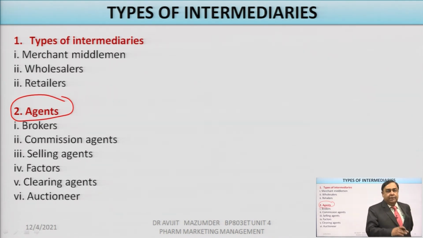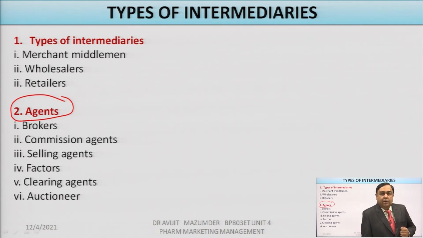Agents again can be divided into a number of subcategories depending on the way they are taking the product, the way they are selling the product. All of you have heard the term broker. I will be explaining each individually.